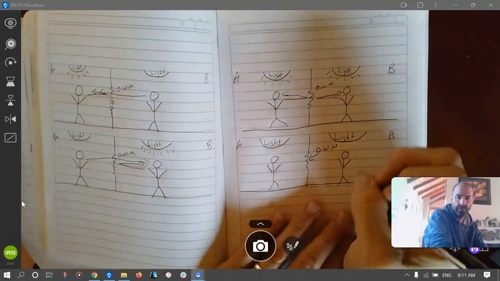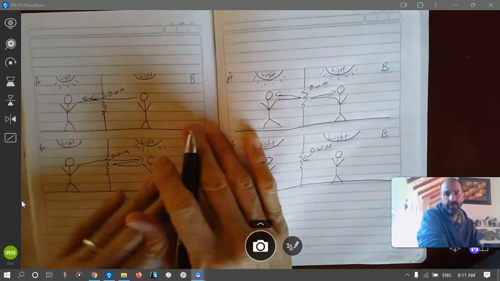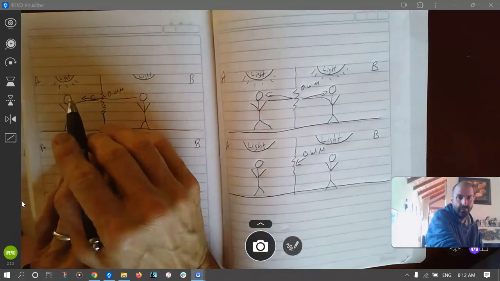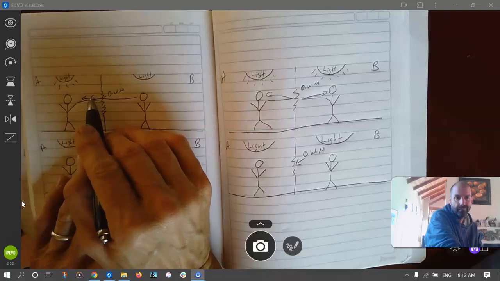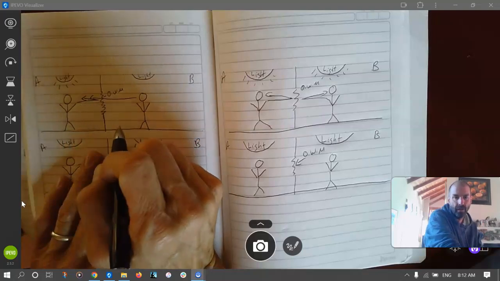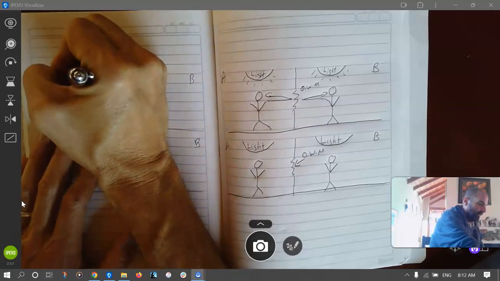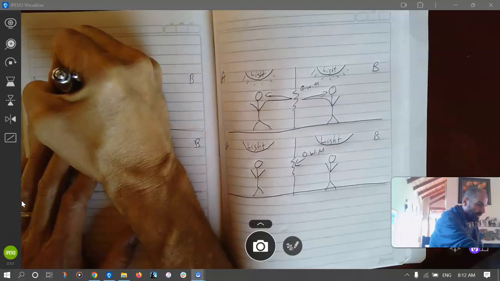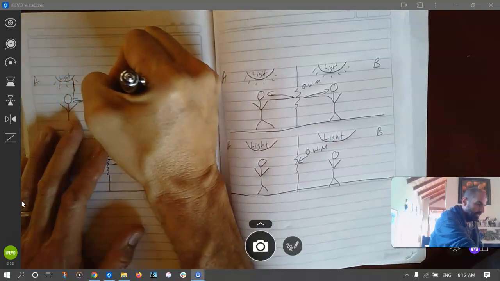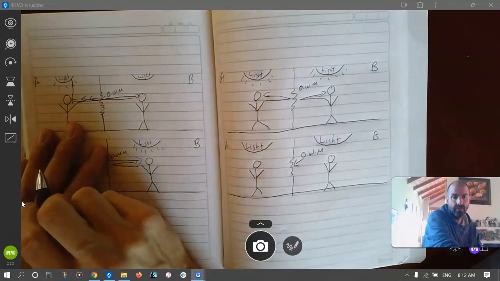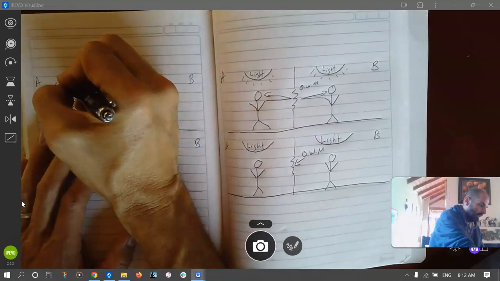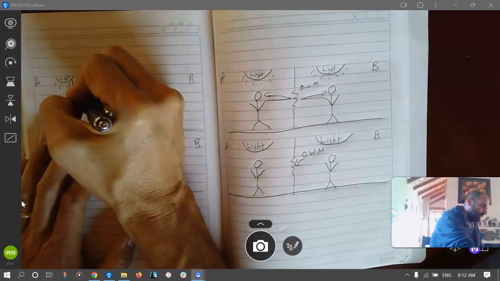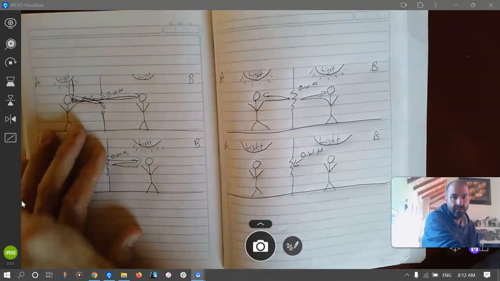So first off, actually, I'm going to talk about our mistake. What we did wrong here is the direction of our arrows. Our arrows are incorrect. Why? Well, the arrow should emanate from the light source, bounce off the student, and then go into the eyes of the teacher. And the other thing, the light comes off, bounces off the student, bounces off the mirror, and goes back into the student's eyes.